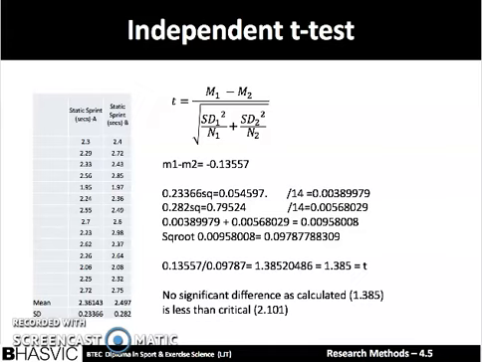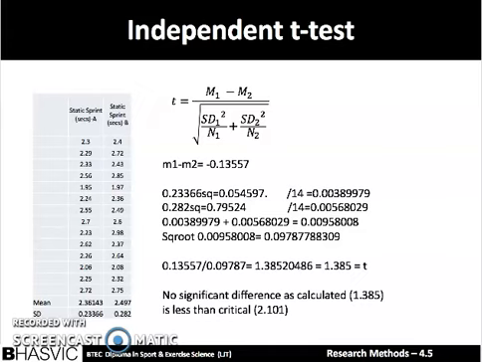Standard deviation, again, I've done that for both groups. Standard deviation for group A is 0.23366, and standard deviation for group B is 0.282. So if we put that into the formula and start breaking it down, you've basically got mean 1 minus mean 2 at the top of that formula.